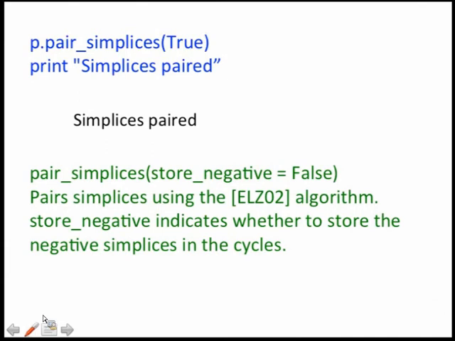So remember the algorithm that pairs the simplices. If I first create a cycle, in this case my vertex 0, create another cycle, my vertex 1, create another cycle, my vertex 2. Those are all positive simplices because they create cycles, they create actual generators in my homology.